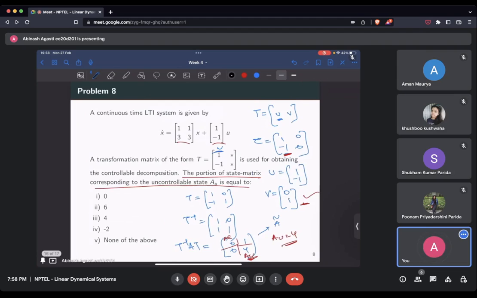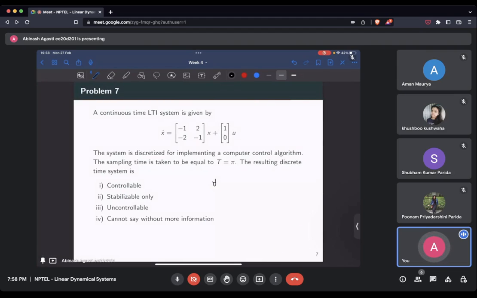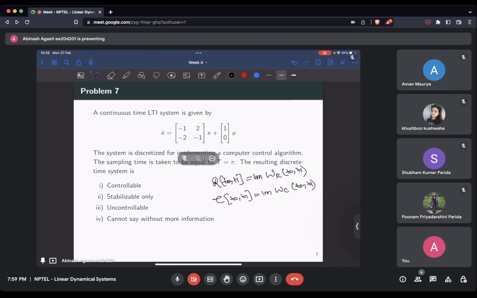So the reachable subspace is the image of the reachability Gramian, and the controllable subspace is the image of the controllability Gramian. Okay. Is it clear? Yes sir, thank you sir.